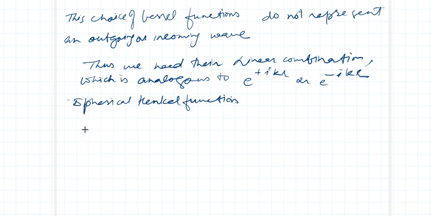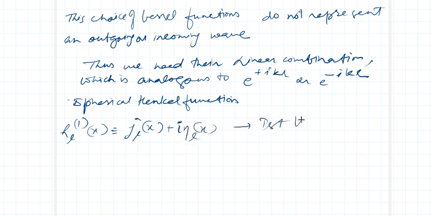Like Bessel, they also exist in first kind and second kind. So h_L^(1)(x) is the Hankel function of first kind, and it is j_L(x) plus iota eta_L(x).